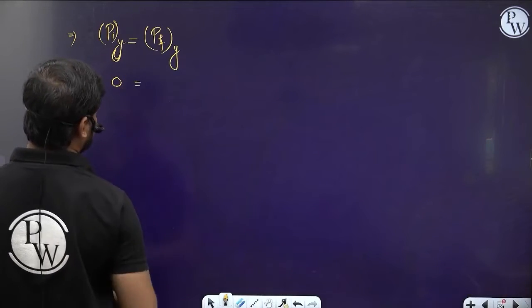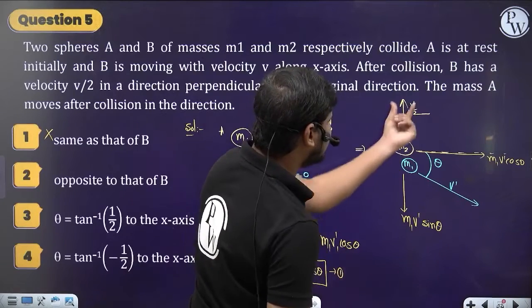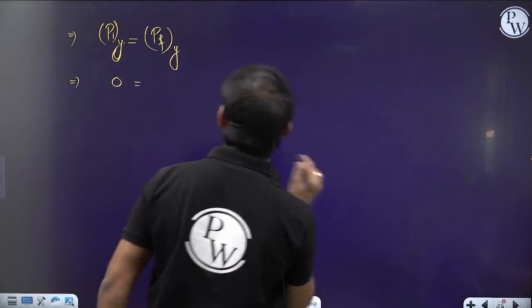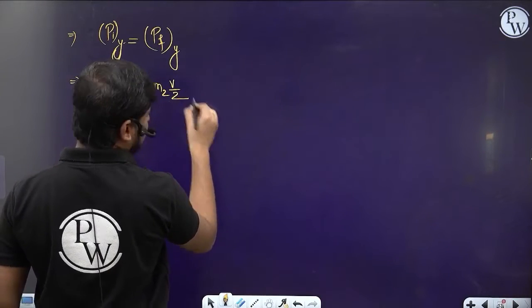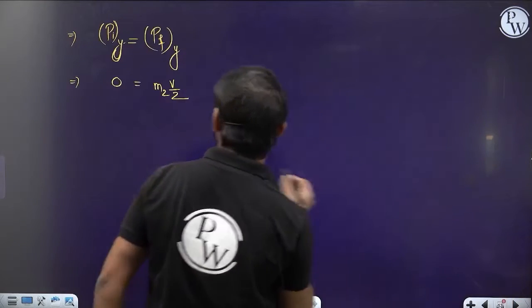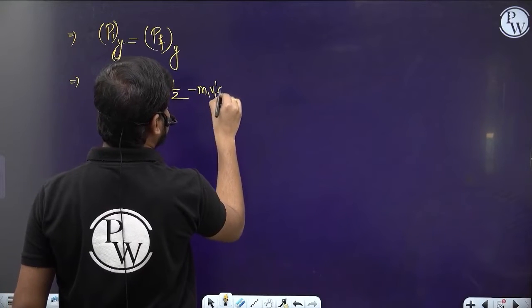Finally m2 is moving in the y direction with velocity v by 2, so its momentum will become m2 into v by 2, and then minus m1 v1 dash sin theta.